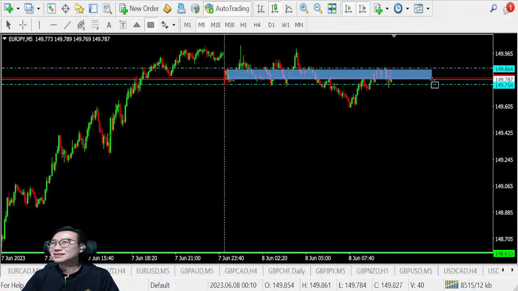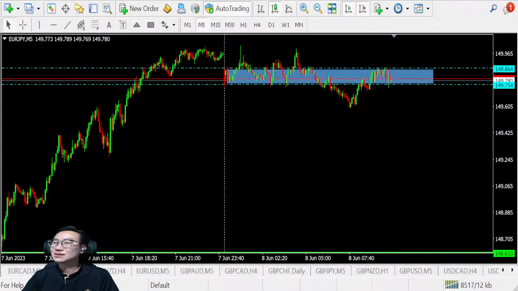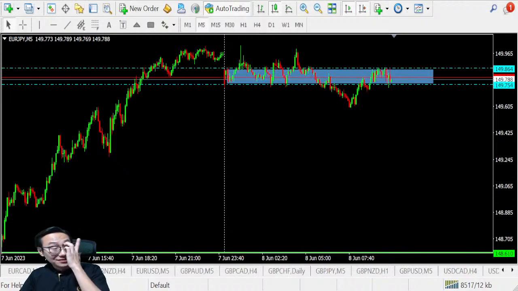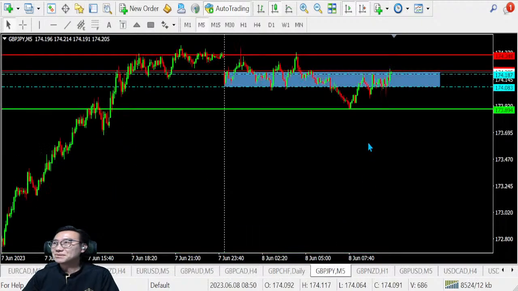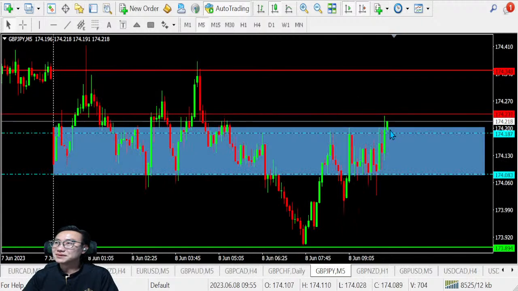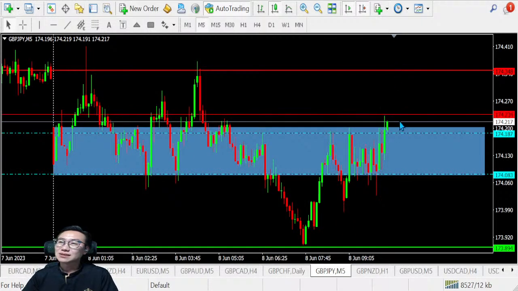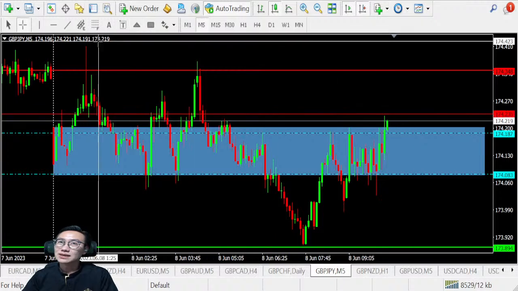As you can see, let me draw this out so that you can see. It's stuck there. So let's see which direction it breaks out, just like pound yen. Pound yen, we are very close to breaking above. It looks like pound yen is going to take out the highs up here.